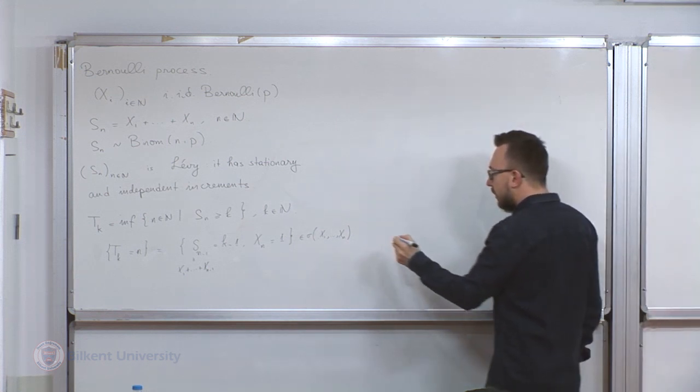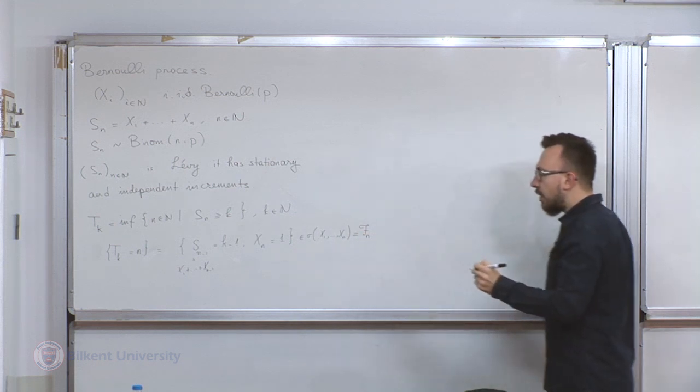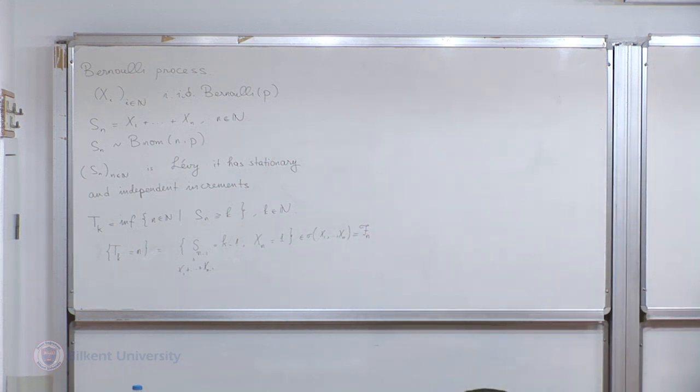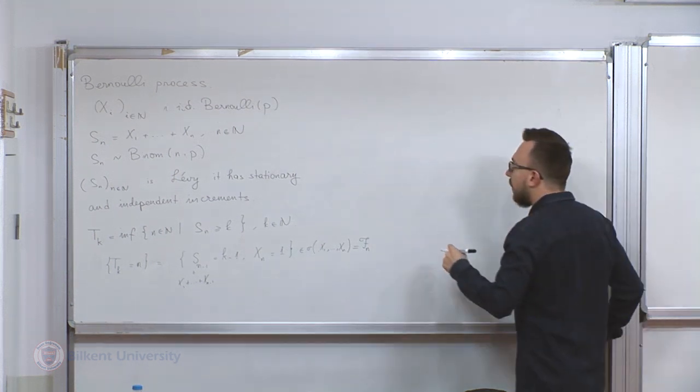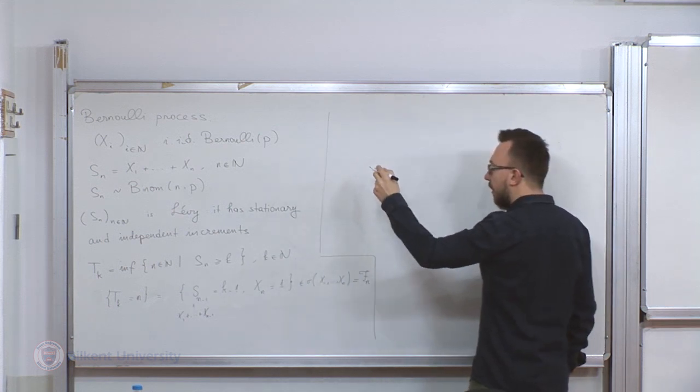So if you call this Fn, what you get is an increasing sequence of sigma algebras. And this is called the filtration generated by the process X.